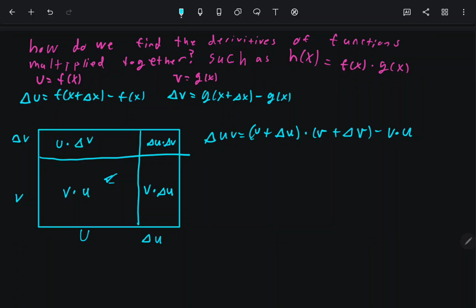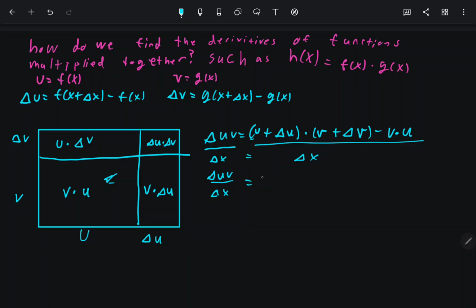This is telling me the change, not the rate of change. If I want the average rate of change, we can divide both sides by a change in x. So now simplifying that, we get the change in uv over the change in x.